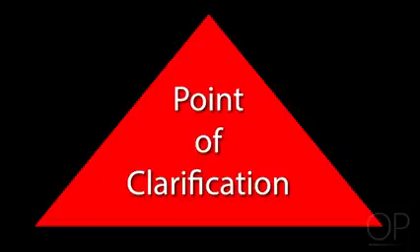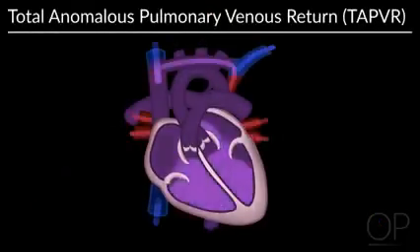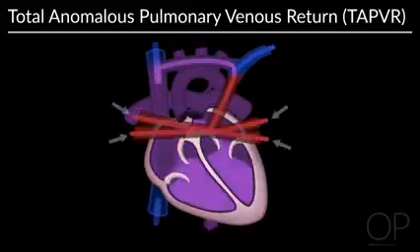A condition that should always be excluded in a baby with PPHN is an obstructed total anomalous pulmonary venous return. Point of clarification. Total anomalous pulmonary venous return, TAPVR, refers to heart defects in which none of the pulmonary veins are connected to the left atrium, instead connecting to other systemic veins or chambers of the heart.